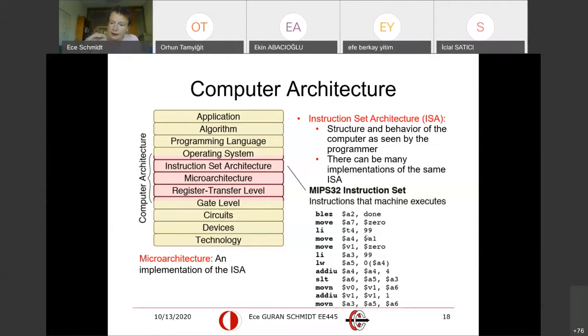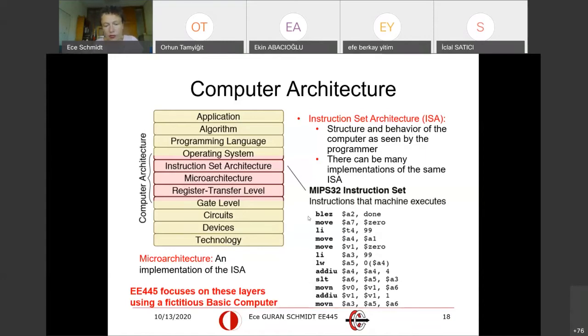It is the interface shown to the programmer, showing how the hardware behaves without showing the hardware. The circuits themselves will be the so-called microarchitecture, and we will learn about the instruction set architecture, the microarchitecture, and how things are done at the register transfer level.